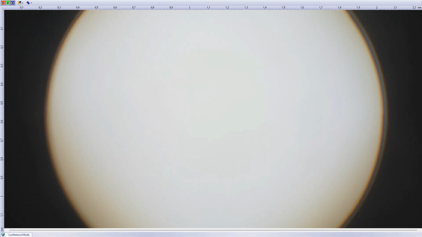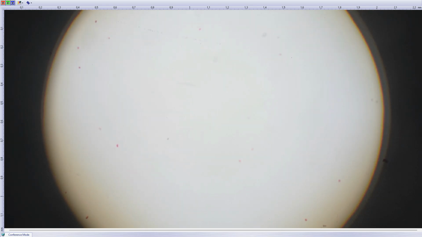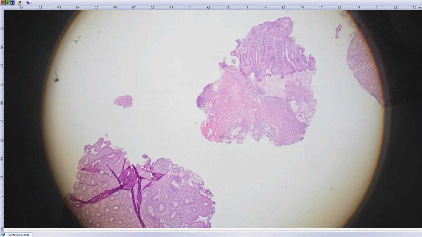A third case is a 7-year-old girl, and she's got recurrent ulcerations in her duodenum.